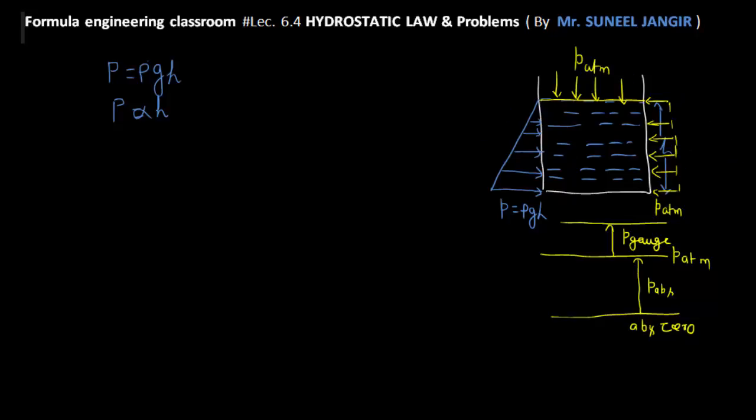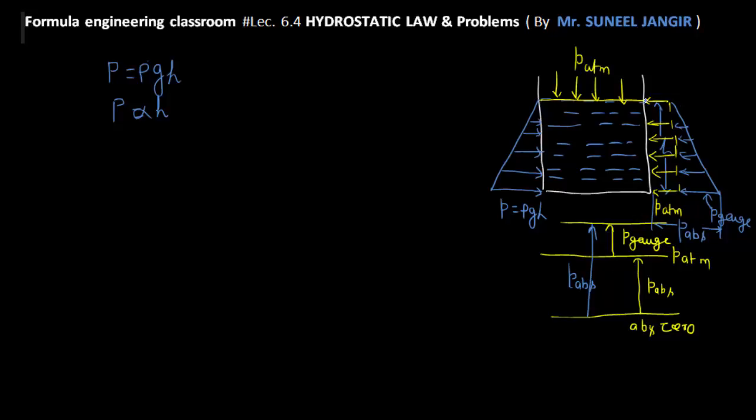So we can draw this as the p gauge at each layer. Now this whole length from here to here is actually p absolute, because p atmospheric plus p gauge, taking the reference as the absolute zero line, gives p absolute.